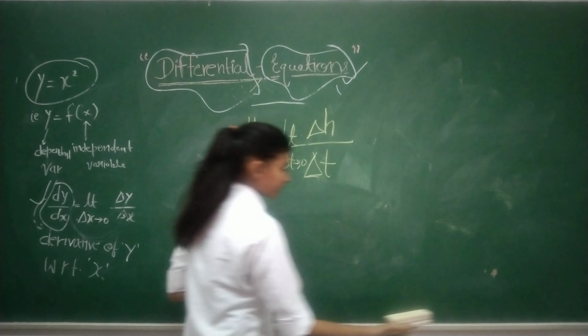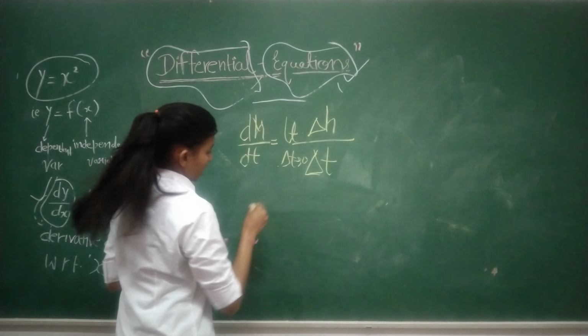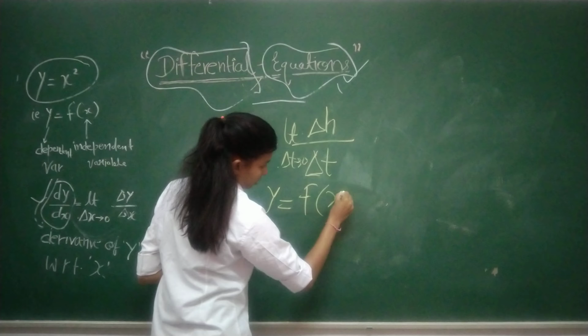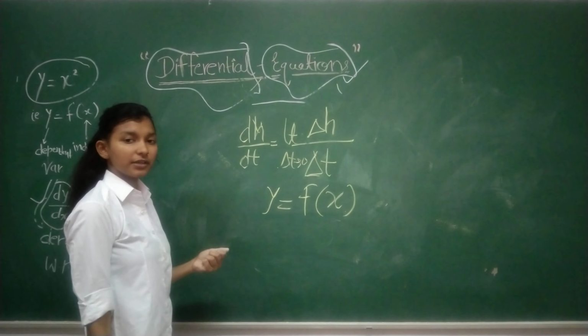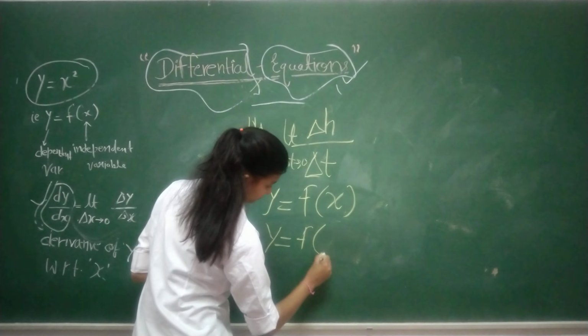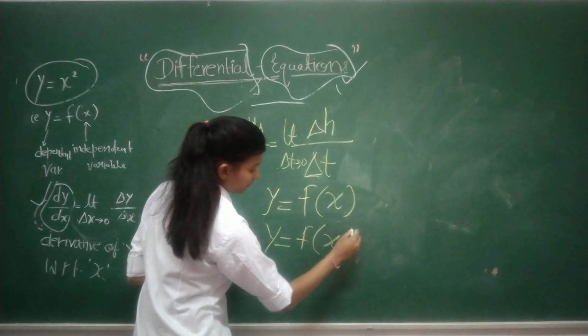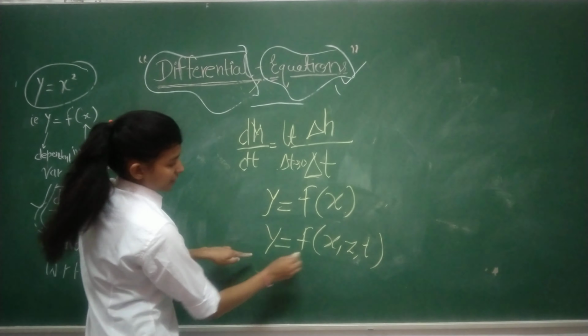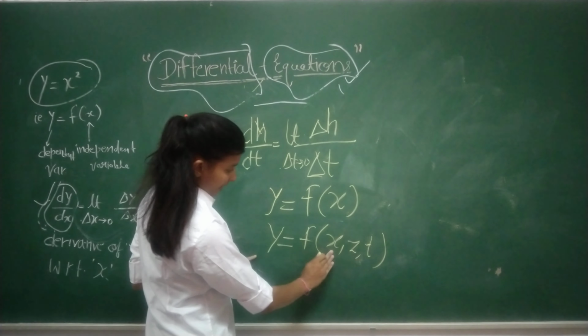So we can say that a dependent variable can depend on a single independent variable, or there can be more than one independent variable, like y is a function of x, z, and t.